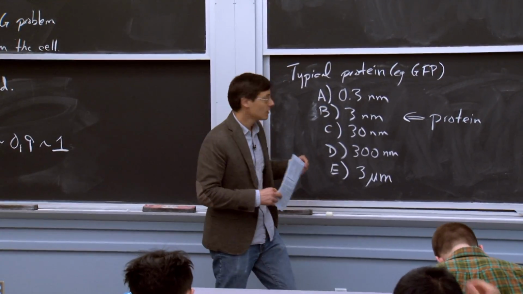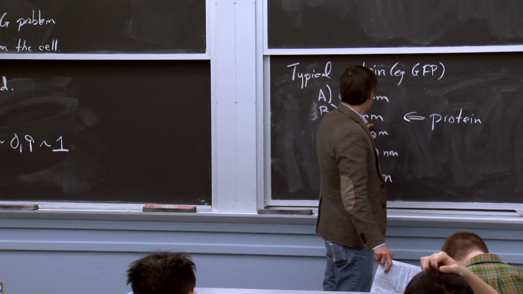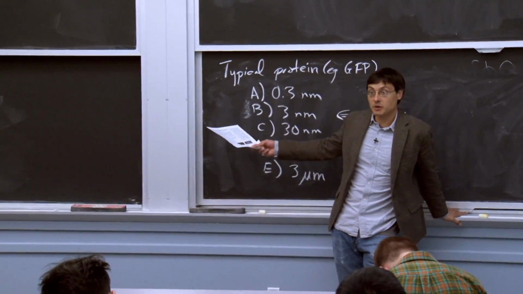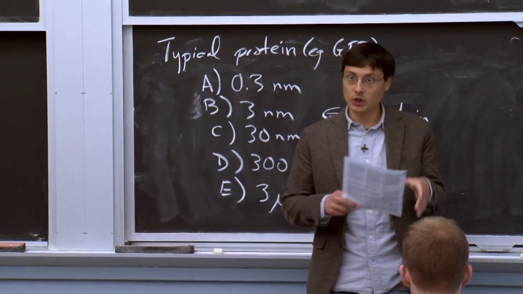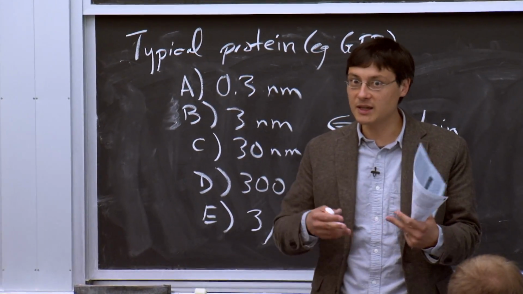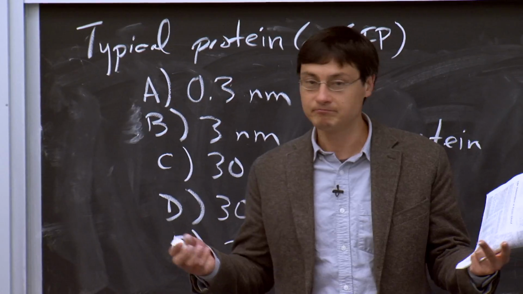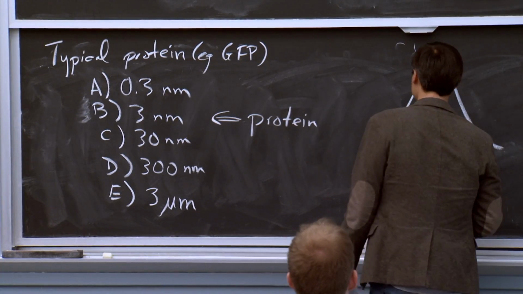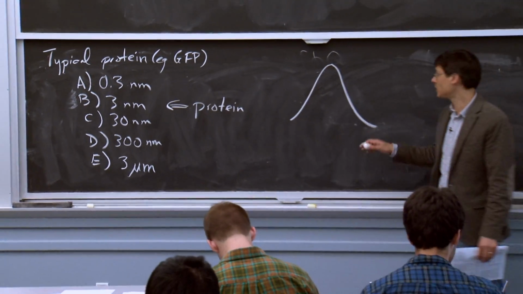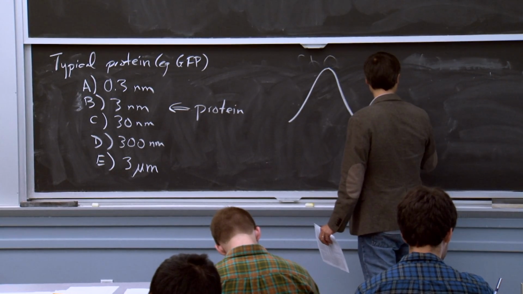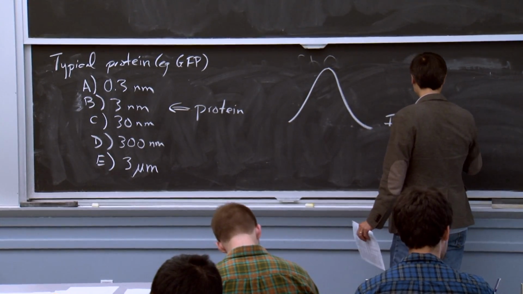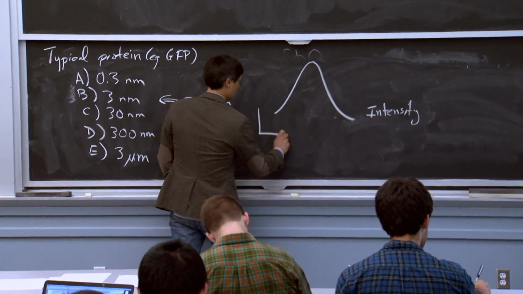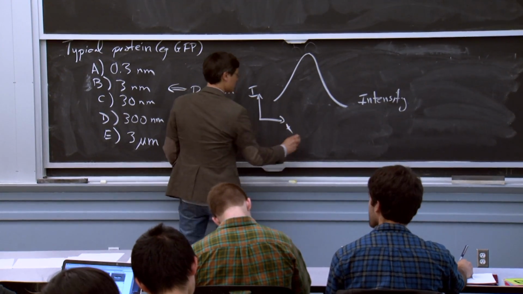Now, the question is, let's say that this is a fluorescent protein like GFP. What we do is we look at it, and we're going to get some fluorescent spot. So this is plotting the intensity I as a function of position x.